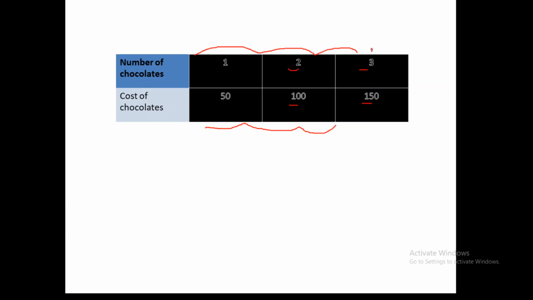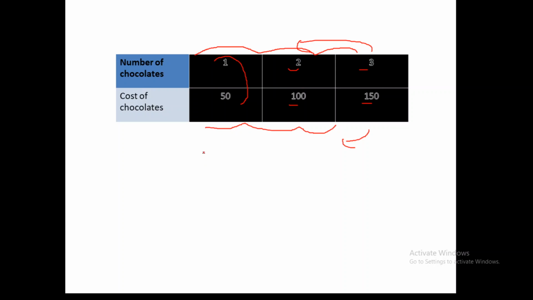If one quantity decreases, the other also decreases, right? So if we purchase two chocolates, we have to pay 100 rupees. If we purchase only one chocolate, we have to pay 50 rupees. One quantity increases, the other also increases, right? Yes. So this type of proportions are called direct proportion.